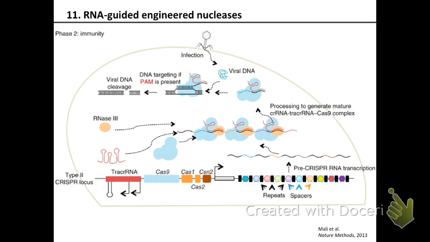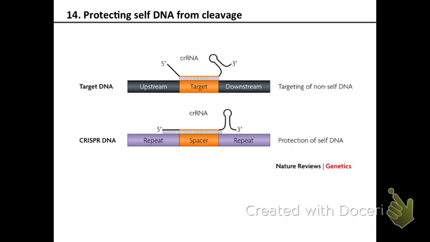All right, then I have a question for you. The same guide sequence that is in the Cas9 is also here. So why is it not cutting itself? The reason it's not cutting itself is because the context in which the sequence occurs is not the same in the bacterial genome.